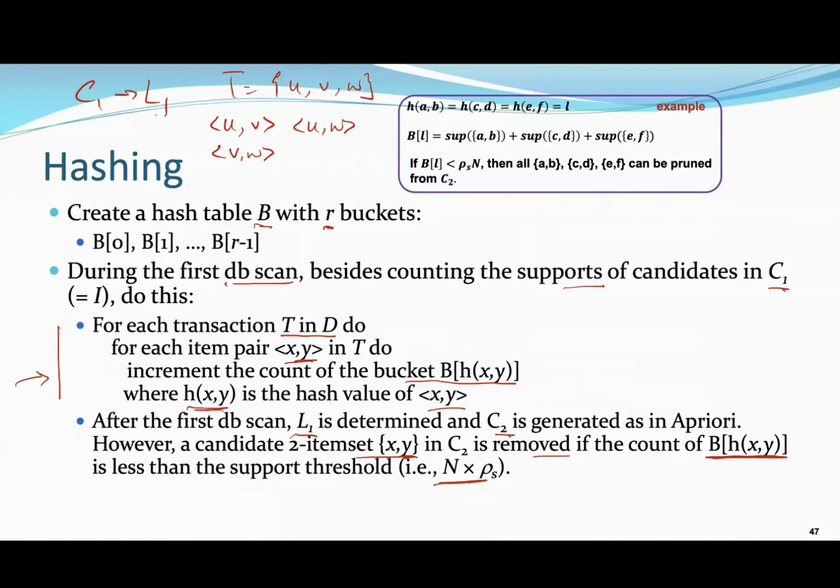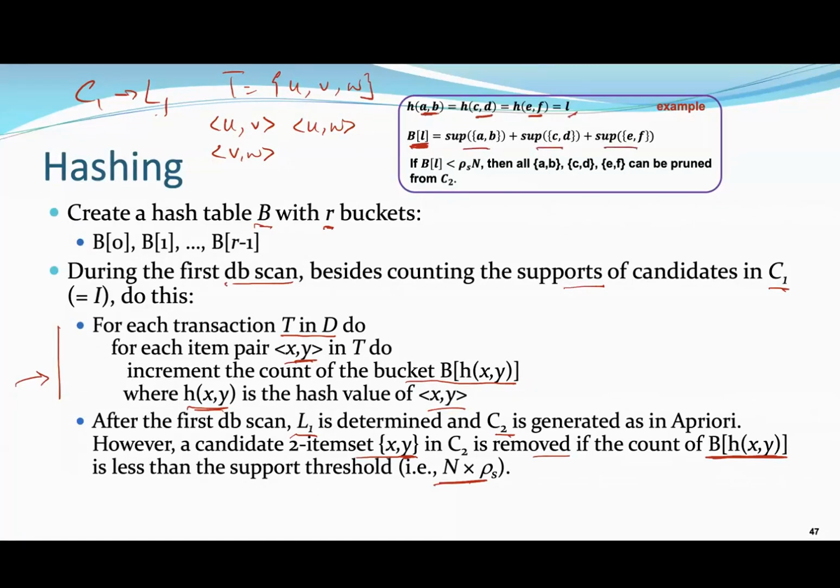The rationale is that, let's say you have 3 pairs: A,B, C,D, and E,F. Let's say all of them have the same hash value, something like L. Then when you encounter occurrences of A,B in the transactions, you would increment this bucket count, right? So essentially, the bucket count is the sum of the support counts of all of these pairs.